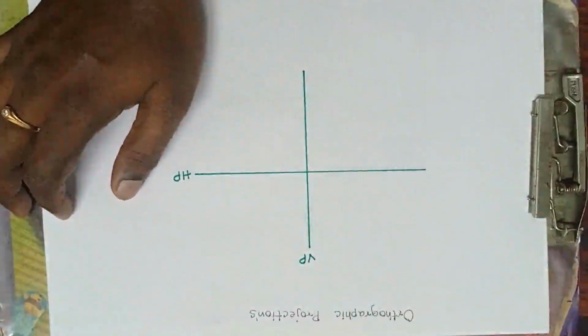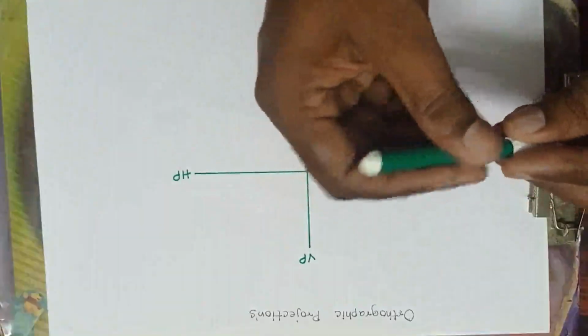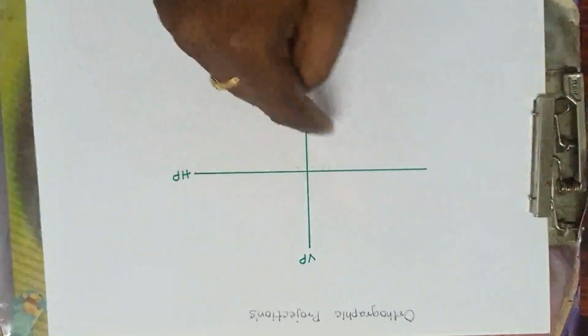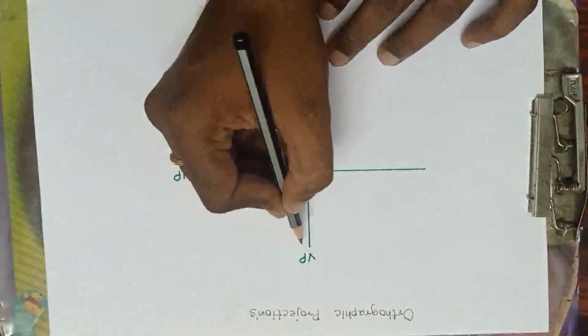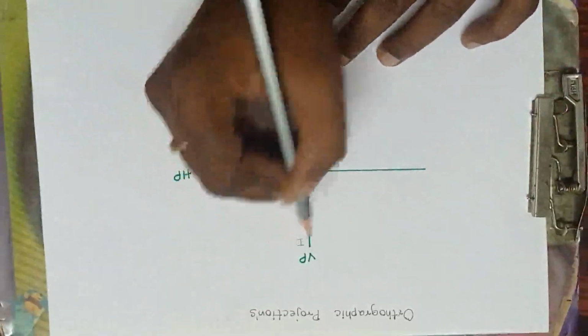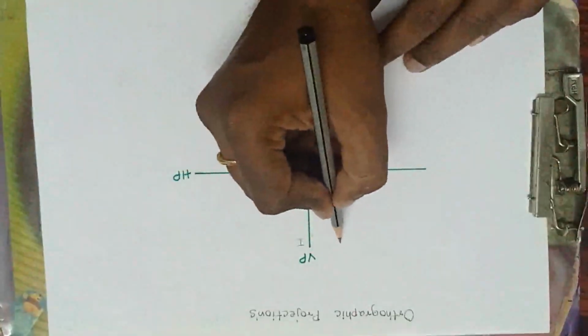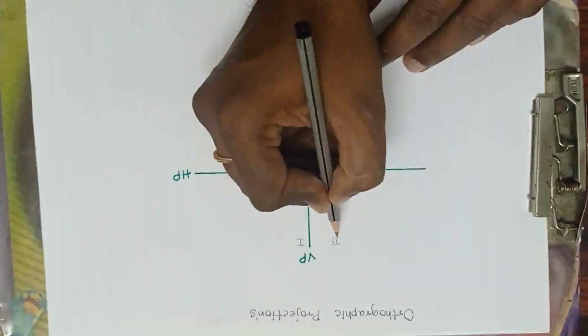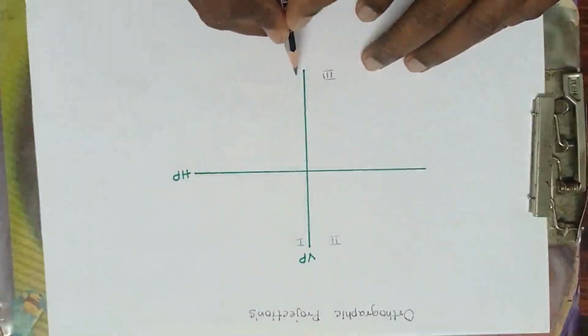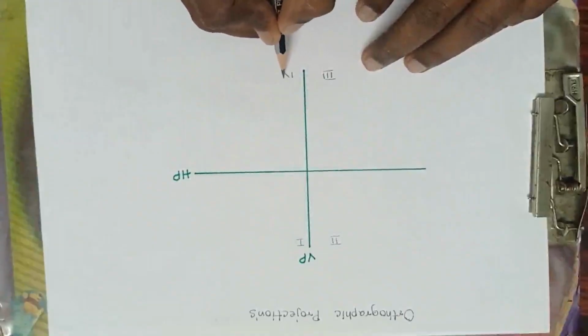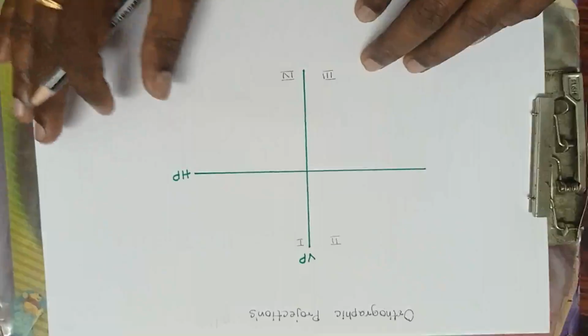Before going to this, we have to discuss the quadrants. We have divided this into 4 quadrants. This is the first quadrant, this is the second quadrant, this is the third quadrant, and this is the fourth quadrant, as we know.